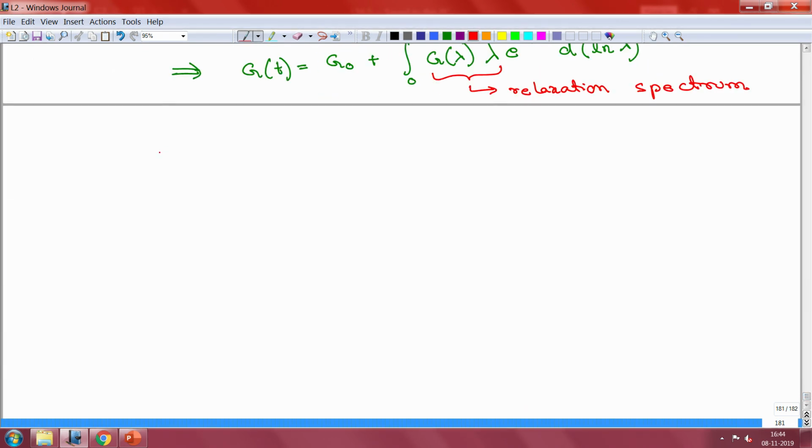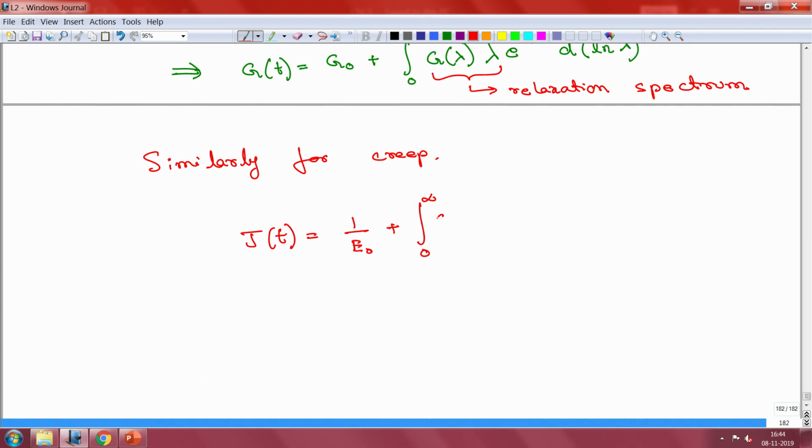And similarly, for creep, this generalization leads to an expression of the form where J(t) becomes some constant plus the integral from 0 to infinity of C(tau) times 1 minus e to the power minus t by tau, d log of tau. I am just using a different variable here, tau, because I have used lambda, just to differentiate the two cases.